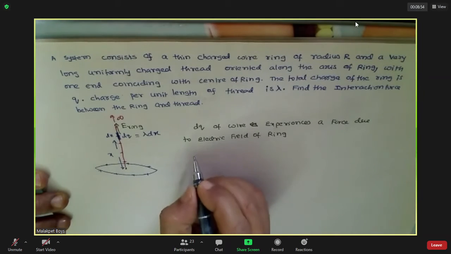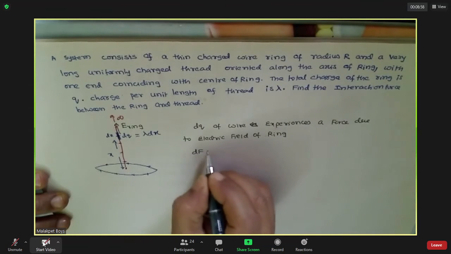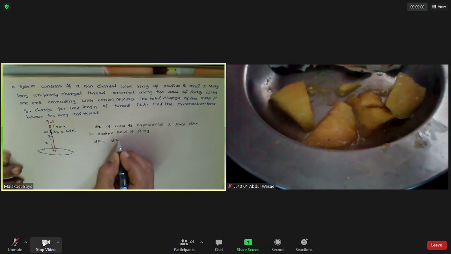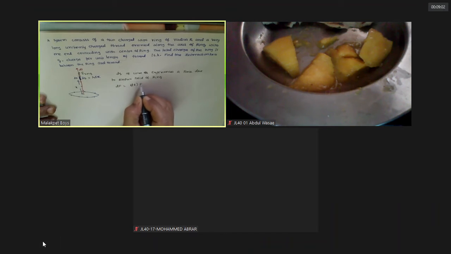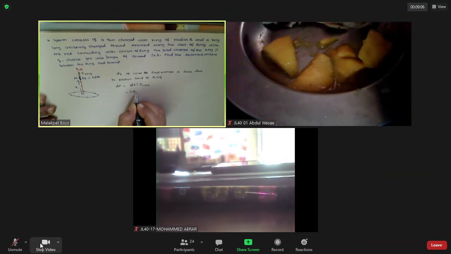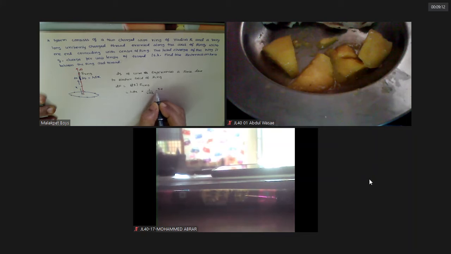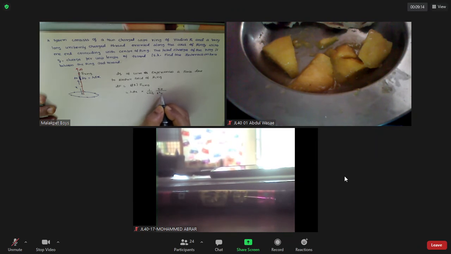So here dF is dq into the field due to the ring. This is lambda dx. The electric field due to the ring is how much? Do you agree with this? Agreed, sir.